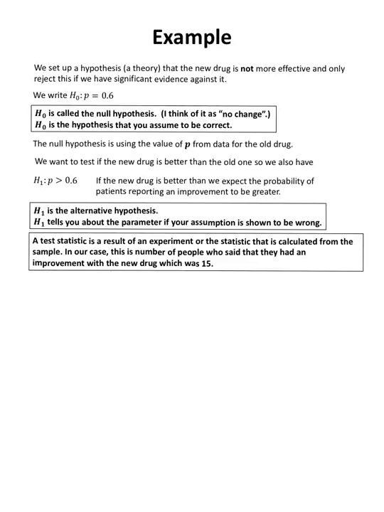So we call this our null hypothesis, and we have H0. H0 is our null hypothesis, and we're saying that the new drug is not more effective. So the probability of it remains the same as the old drug. So P equals 0.6.